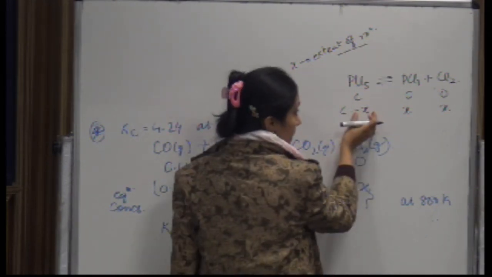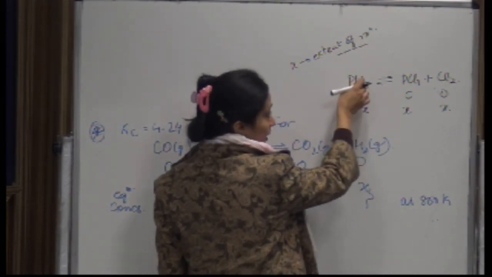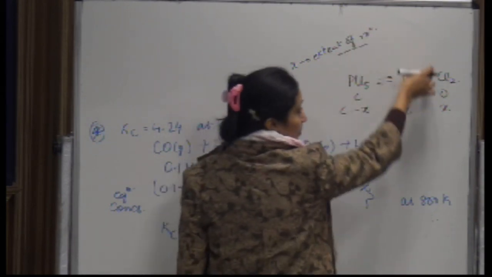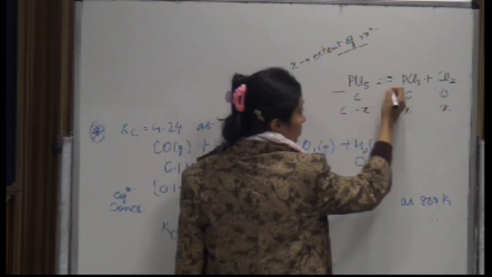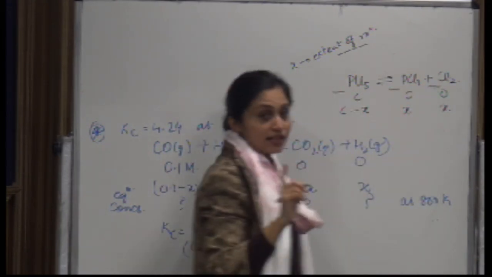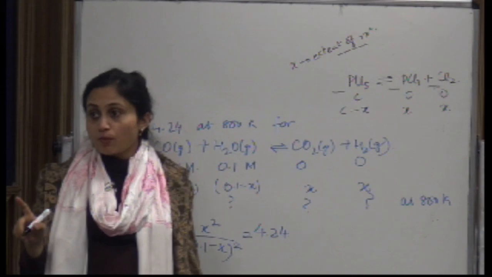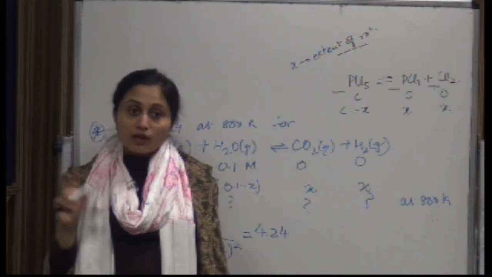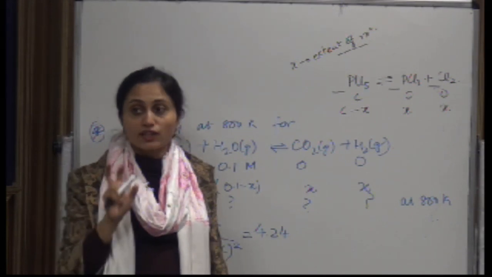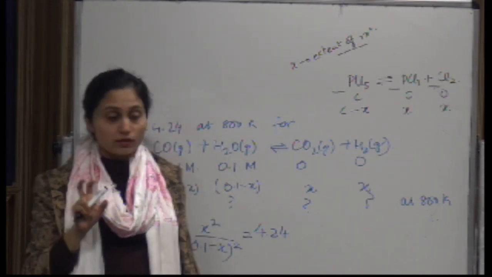Because whatever moles is going to be reduced from here, the same number of moles will be produced for each of the products. And this you understand only after writing the balanced equation. So it is very important that first of all you should be able to write down the balanced equation. Once you write down the balanced equation, only then you will be able to tackle these problems well.